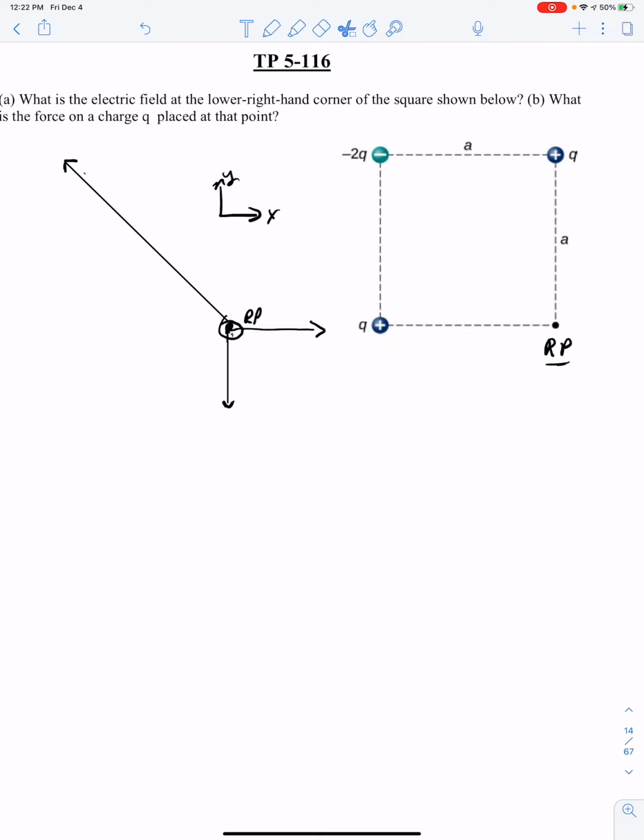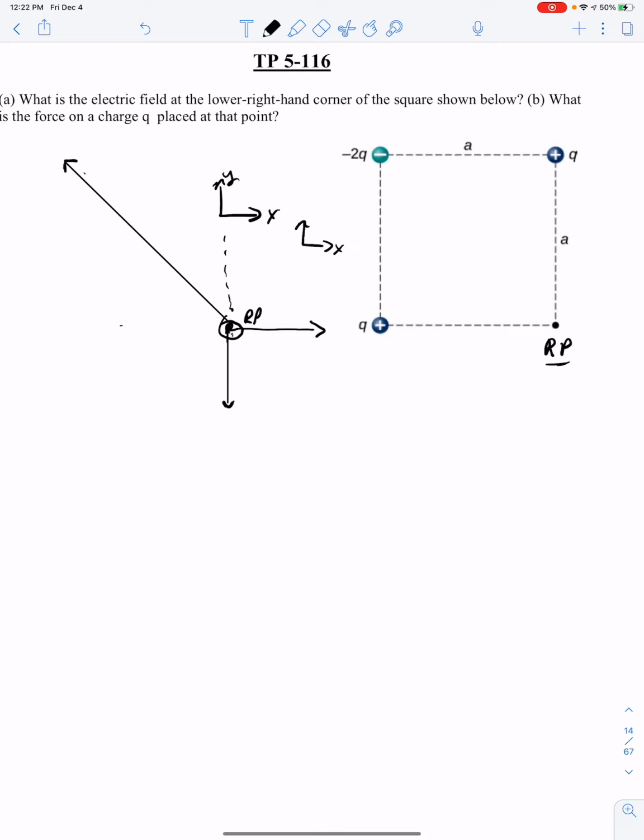This is just to help you see that it is exactly a part of the coordinate axis, and we can definitely apply and study electric fields in both the X and the Y direction.